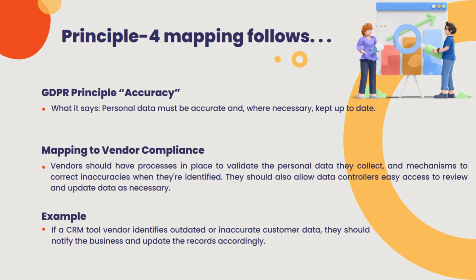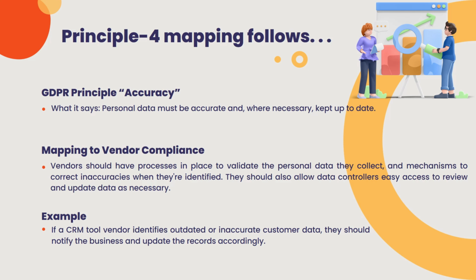Right. They should also allow the data controllers easy access to review any updated data as necessary. For example, a CRM tool vendor identifies outdated or inaccurate customer data. They should notify the business, the controller, and update the records accordingly.